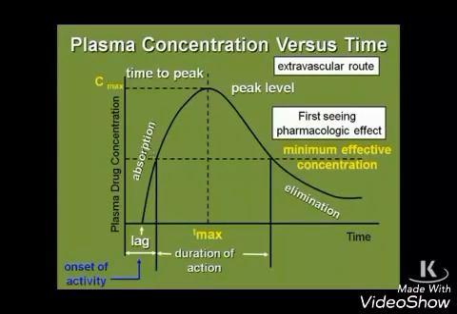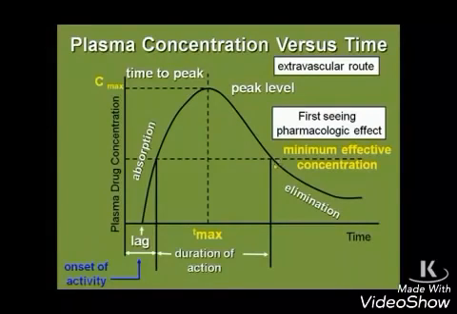Now, once a drug crosses the MEC, it continues to rise in the plasma. It's still working, of course. It's going to reach a peak. It's going to take a certain amount of time to get there. When it reaches that peak, of course, once you're at the top, no place to go but down, so you start to decline. As the plasma levels decrease, you're going to come to a point where you cross the MEC once again.